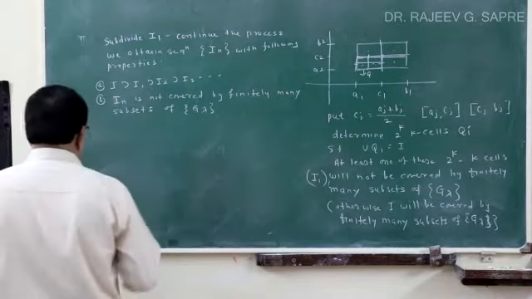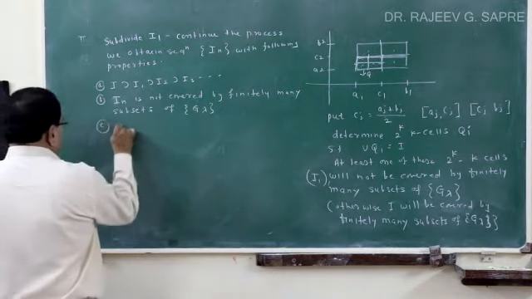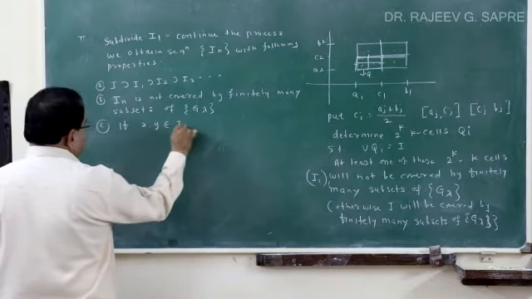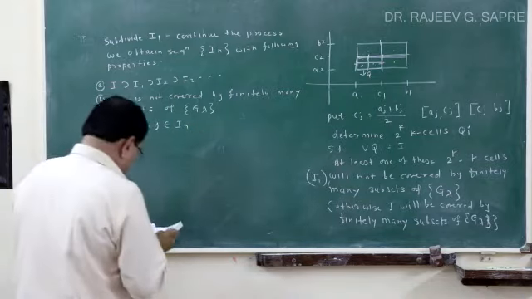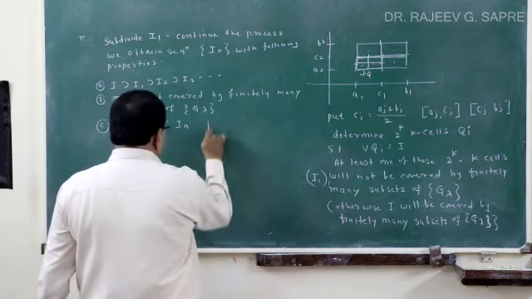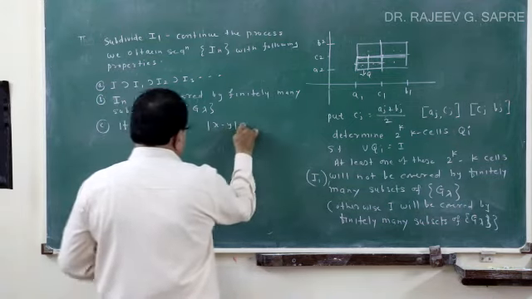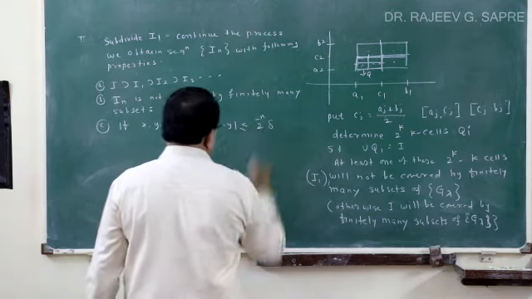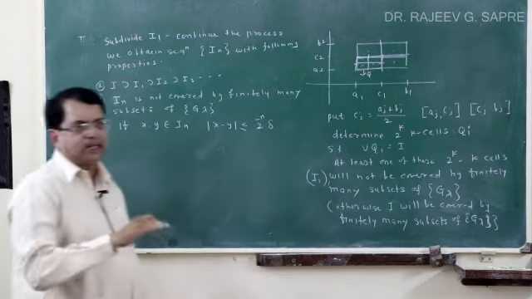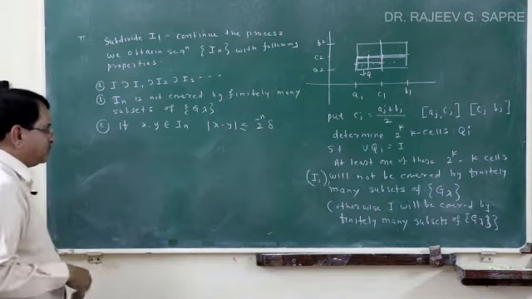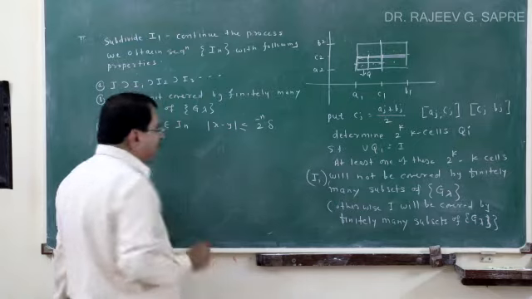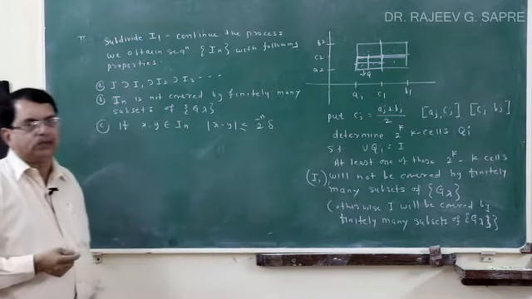And you know that if X and Y belong to In, then mod of X minus Y is less than or equal to 2 raised to minus n into delta. These are the properties that this In will possess. This is also obvious because any 2 elements of I, when you take, they are less than or equal to delta.